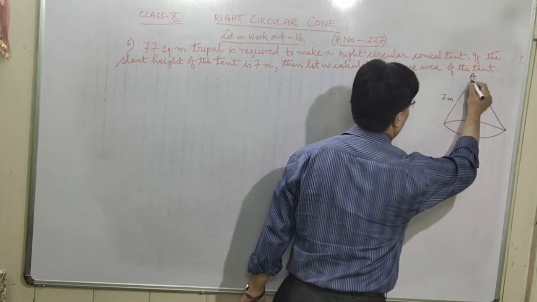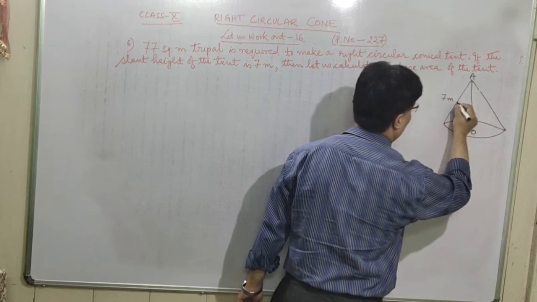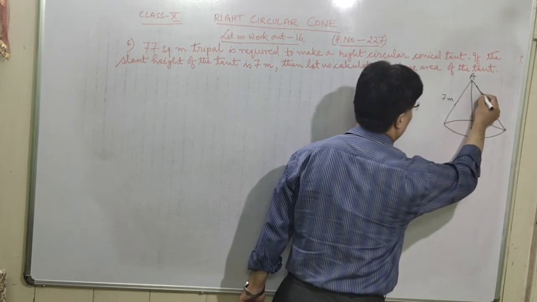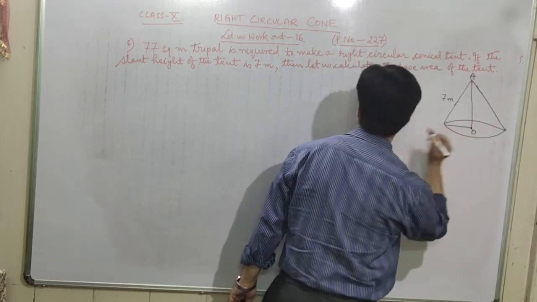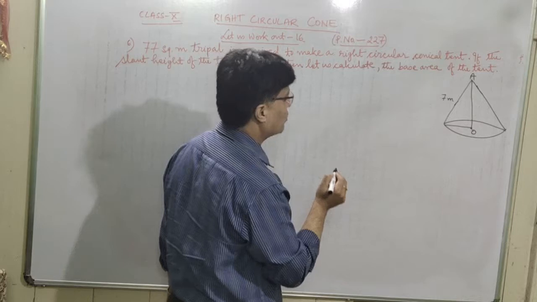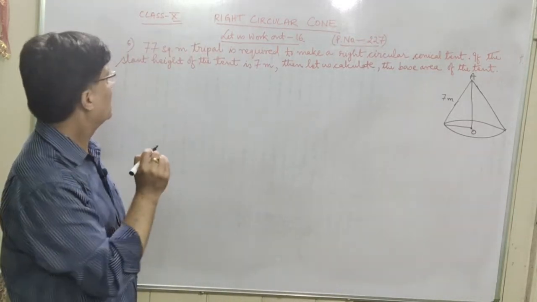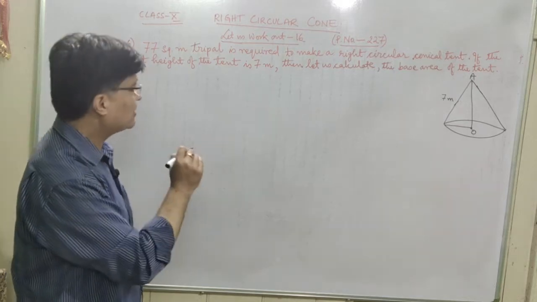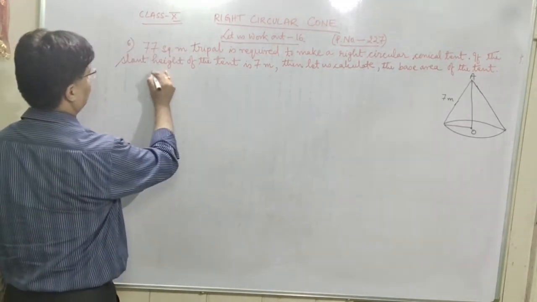This is A. From A, drop a perpendicular. This is O, right? AO is the vertical height, and this is the radius. This is the radius of the base of the cone. Is that clear? So now, in this case, let us assume the radius of the base of the conical tent.